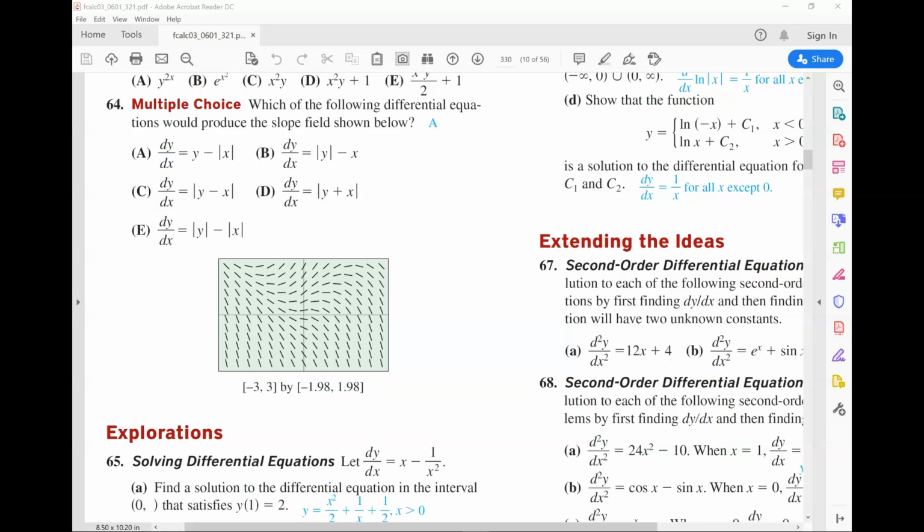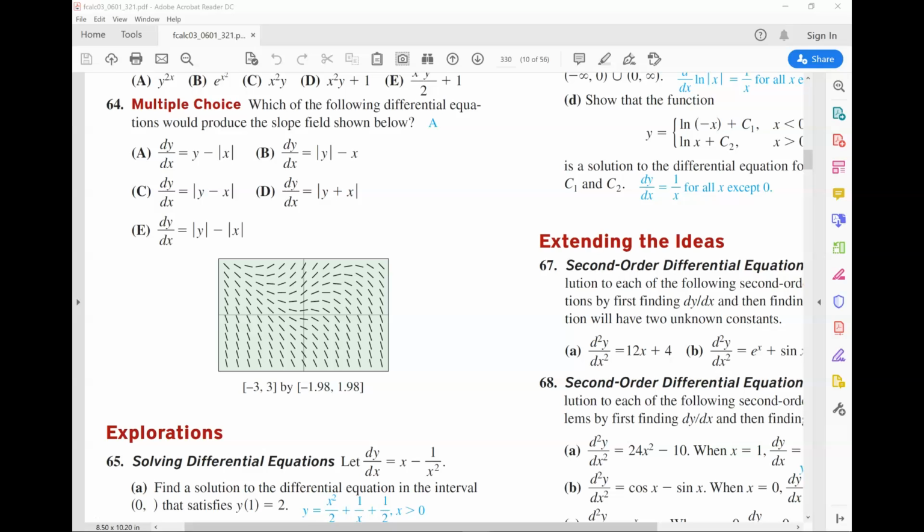The best thing to do here is to eliminate things that you know are not going to work. So for example, if you look here, some slopes are negative and some slopes are positive. Is that right? So right off the bat, C and D would be eliminated because by taking absolute values, you're just making all the slopes positive, right? So you eliminate those.